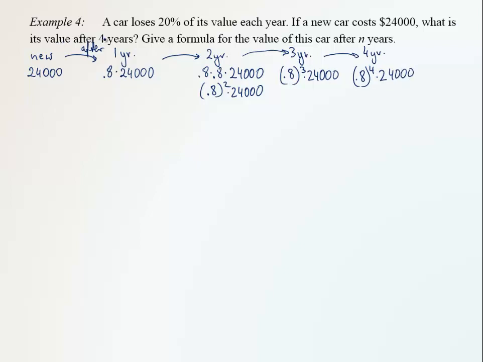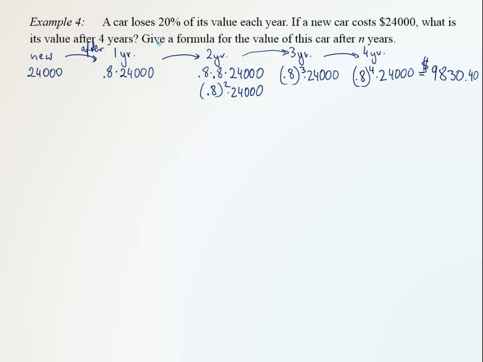So what is its value after 4 years? Well, now we can use a calculator and evaluate this to 9,830.40. So the value is $9,830.40 after 4 years of using this car.